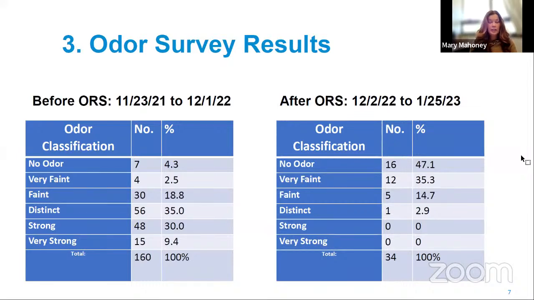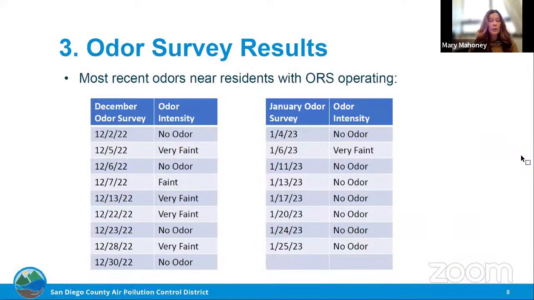Another way to compare the most recent odor results is to look at the odor survey results from just the one area that is closest to residents after the operation of the ORS had begun. These 2 tables are separated by month, with odor surveys conducted during December 2022 on the left and January 2023 on the right.